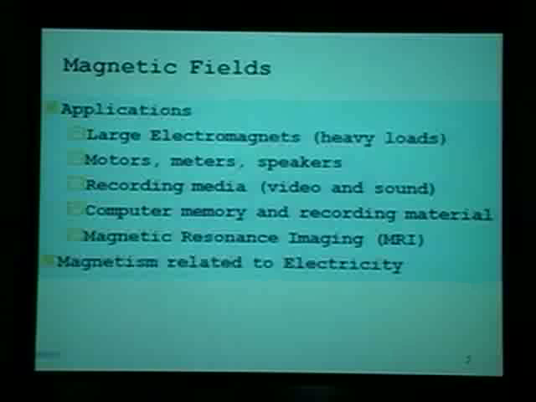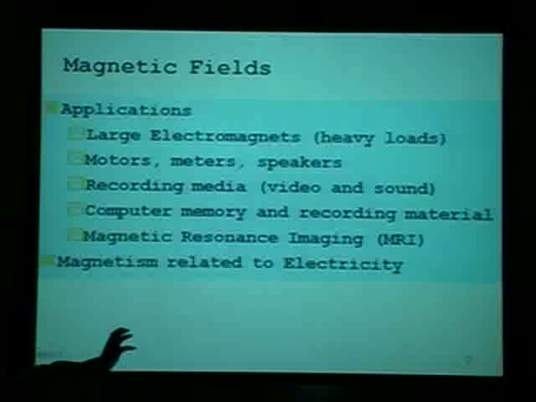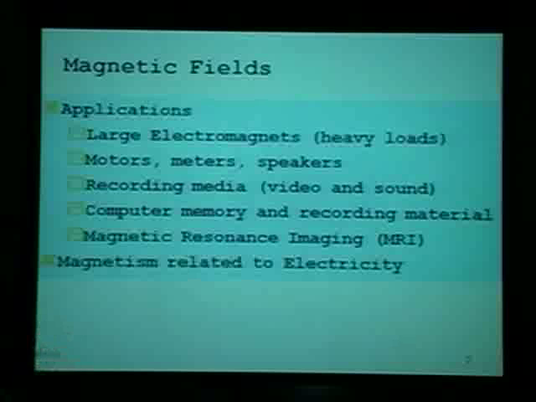Magnetism is related to electricity. They go hand in hand. If you change something, you get the other. In other words, if you move electric charge, if you have electricity, if you move electric charge, you create a magnetic field. And if you move a magnetic field, you change the magnetic field, you create an electric field.